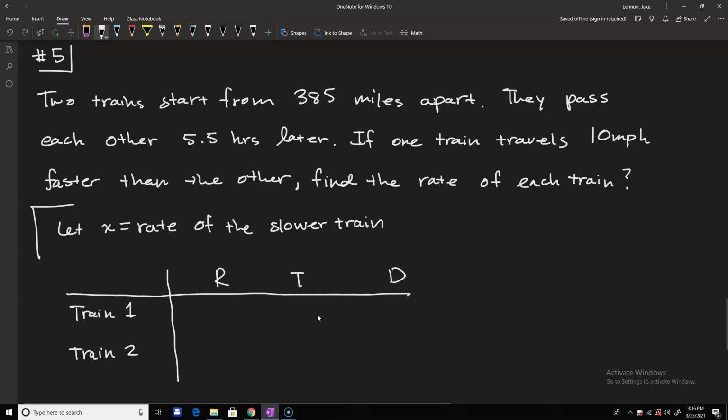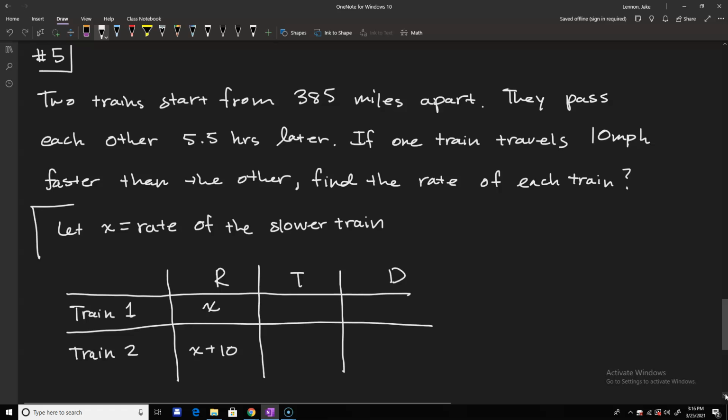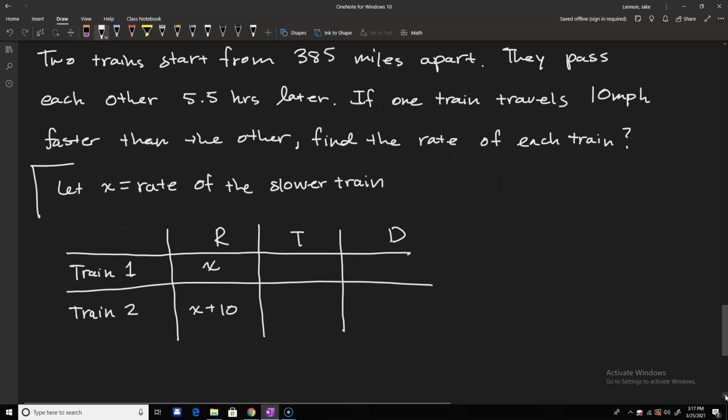And the first thing we can fill in is the rate. That's how we defined our variable. So we know, let's call train 1 the slower train. It's going at x. So train 2 is going at x plus 10. So then what do we know? We know that the total times, so then we could even do a total column below if we want.